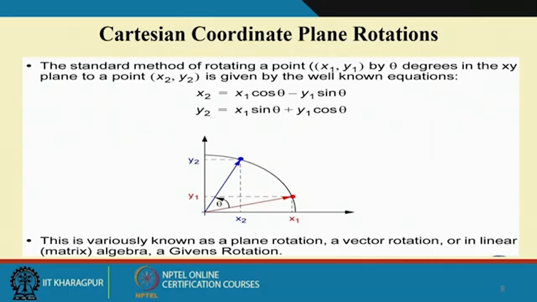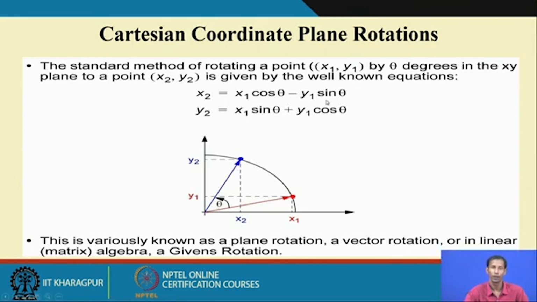Suppose I have one vector x1, y1, and another vector shifted by the angle theta, whose position is x2, y2. Then x2 can be written as x1 cos theta minus y1 sin theta, and y2 can be written as x1 sin theta plus y1 cos theta.